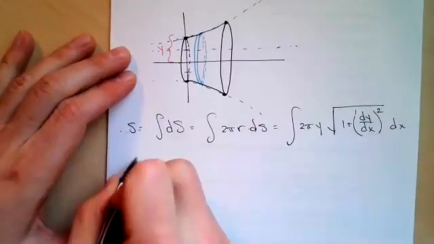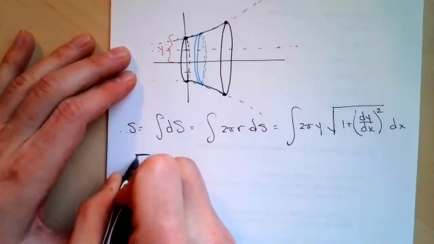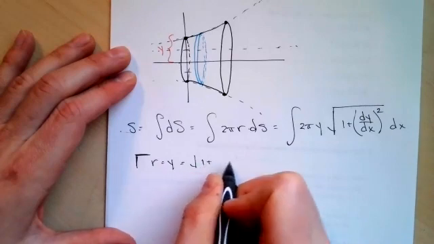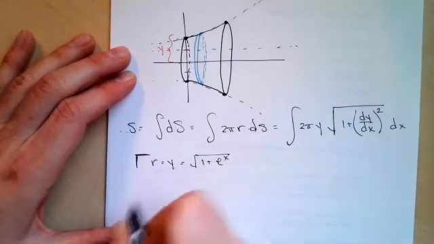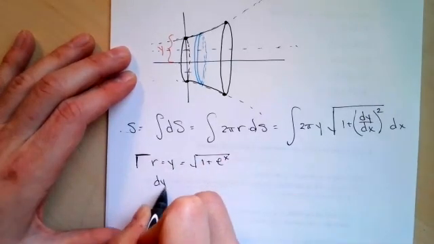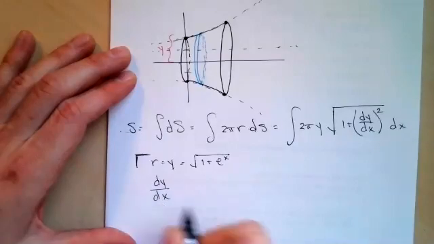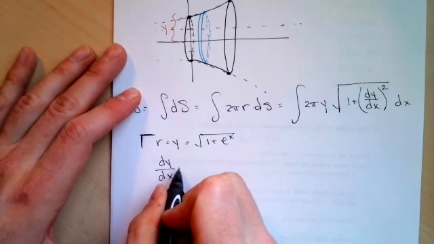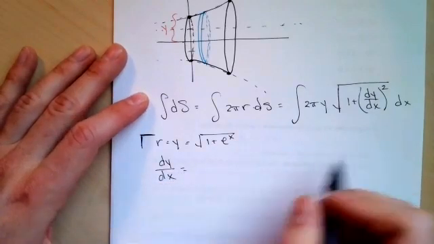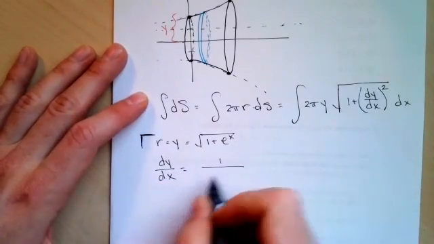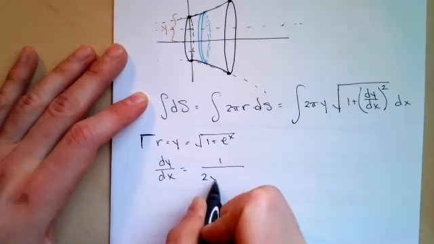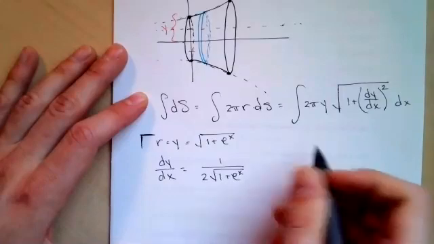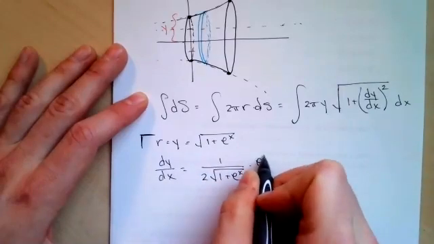And so we chase out our pieces. Of course, we've got our function for y. And then we should probably compute our derivative and square it. dy dx, so we're going to have 1 over 2 square root of 1 plus e to the x times e to the x.